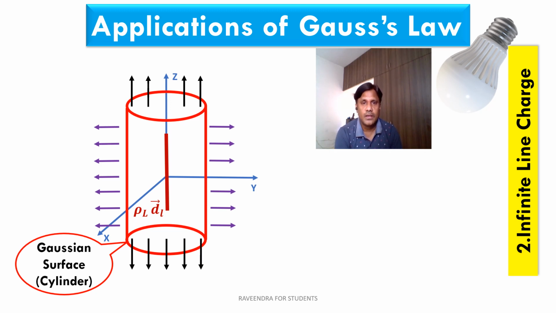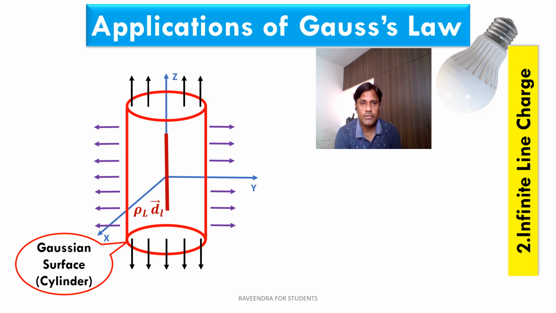So if you identify all these arrows, at what points can you find D bar? Towards the right direction, you will have the electric flux density normal to the line charge, whereas at the top and bottom, they are in the same direction as the infinite line charge.